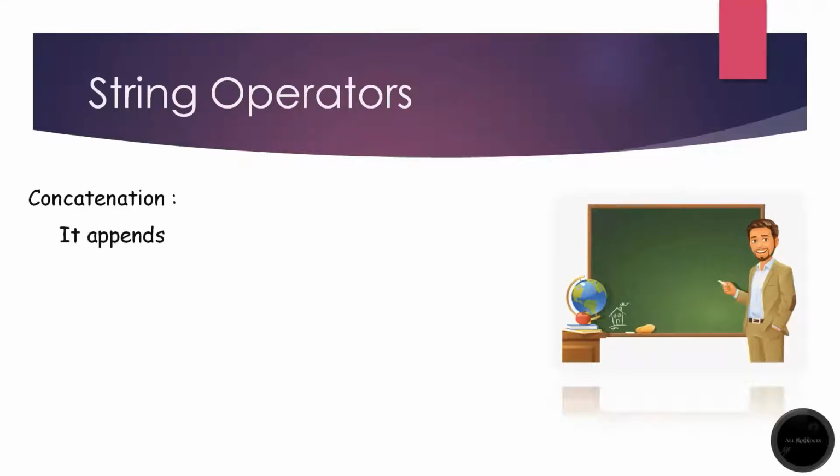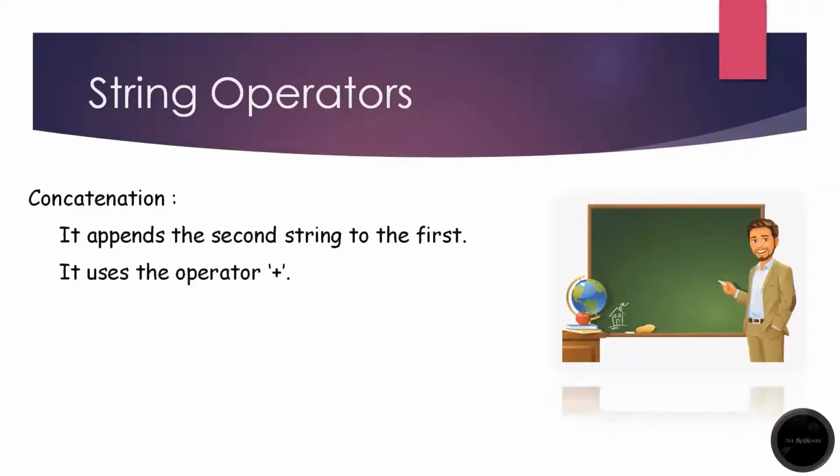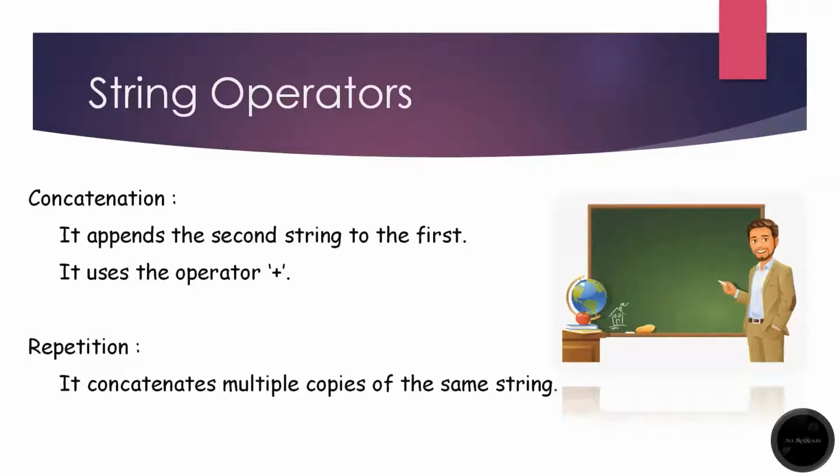The concatenation operation appends the second string to the first, which means that it joins two strings, and it uses the operator plus. Then we have the repetition operator. The repetition operator is used to repeat the same string many times. Guys, it concatenates multiple copies of the same string, and it uses the symbol asterisk.